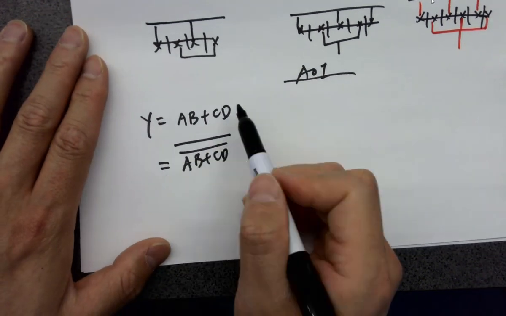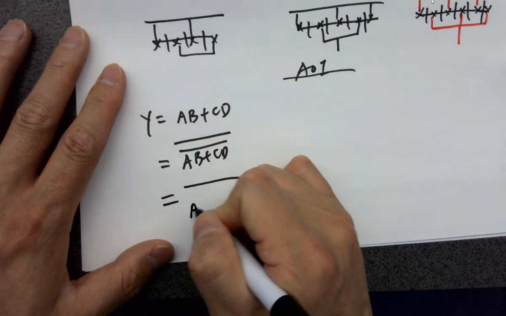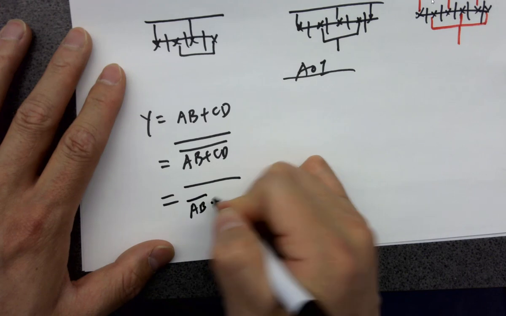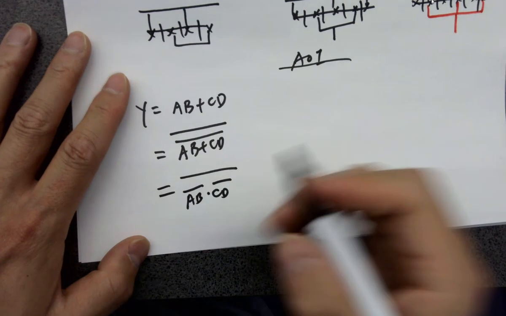So we add two bars on top first, and because of De Morgan's law, we can split the bar and change the sign. And do one more step.